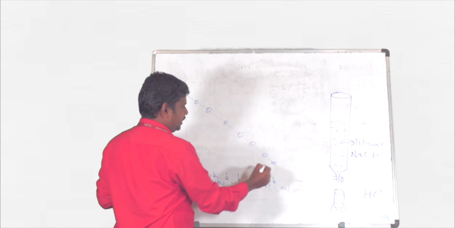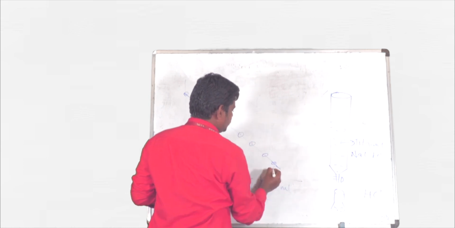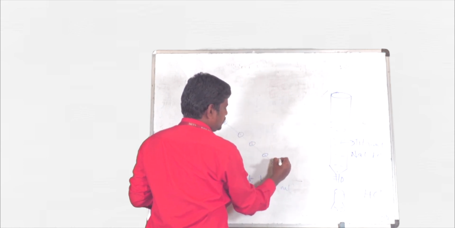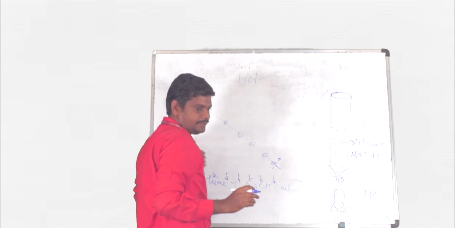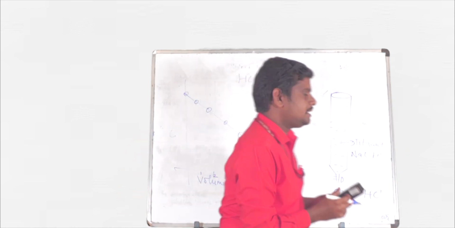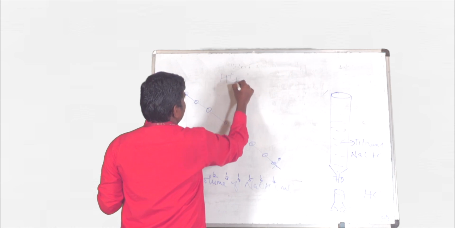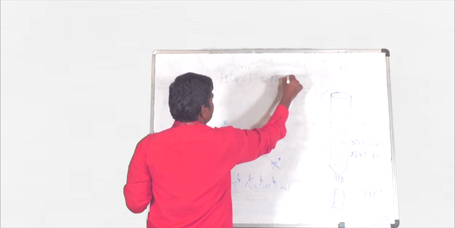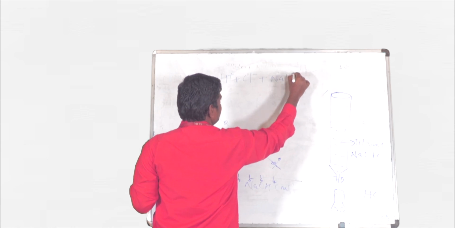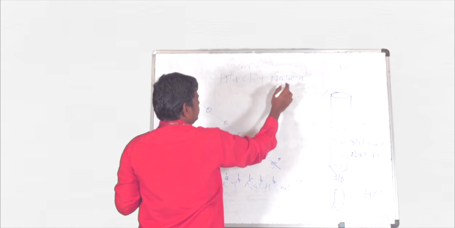After the neutralization point, the conductance will start to increase. If you take the reaction, HCl exists as H plus and Cl minus ions, plus Na plus and OH minus ions, because NaOH is also a strong base.